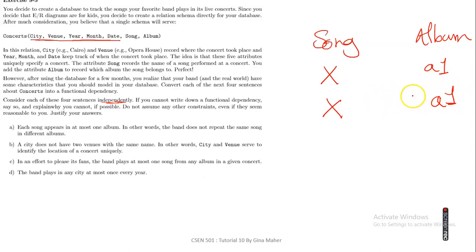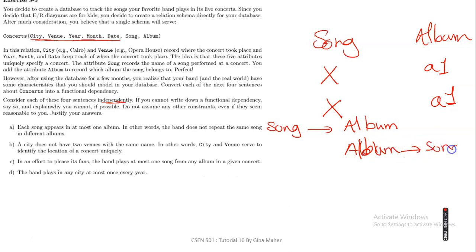So in this case, which one is dependent on which? Actually, the album is functionally dependent on song. So if we have the song, we can easily get the album. The opposite is not applicable in this case. Why can't we say that album implies song?